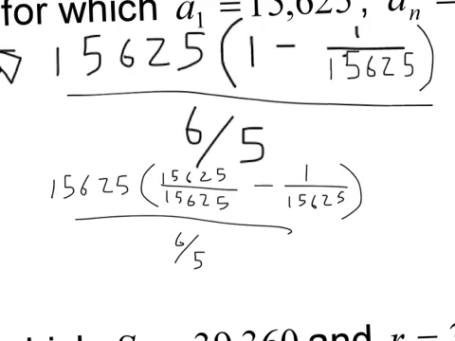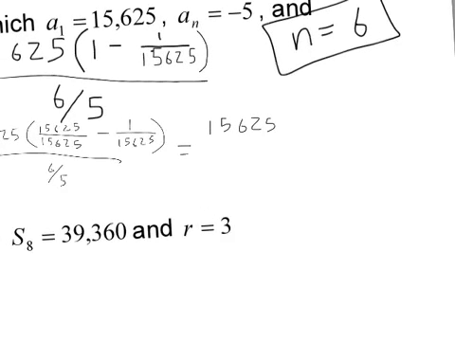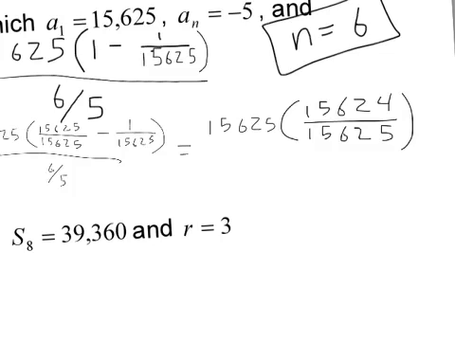Well, hopefully you see what's going to happen here. We're just going to take away 1. And we're going to have 15625 on the outside times 15624 over 15625. And that, of course, is all over 6/5.